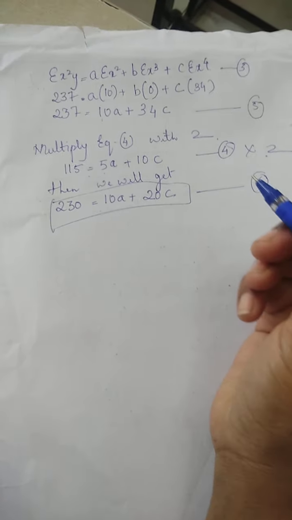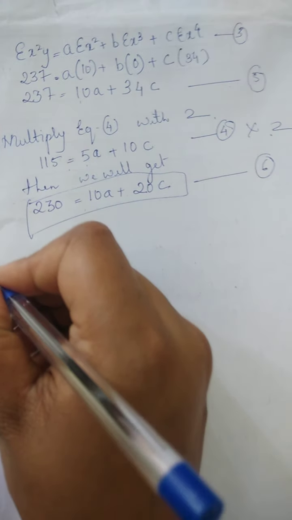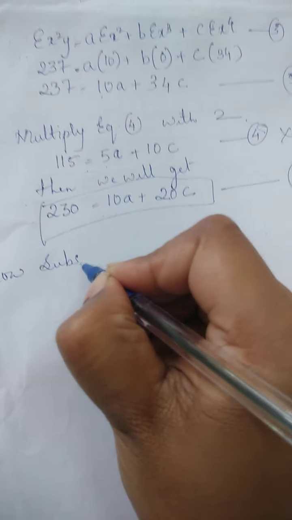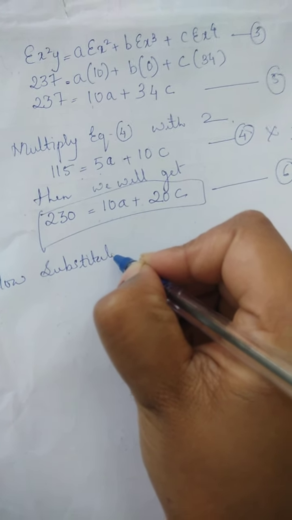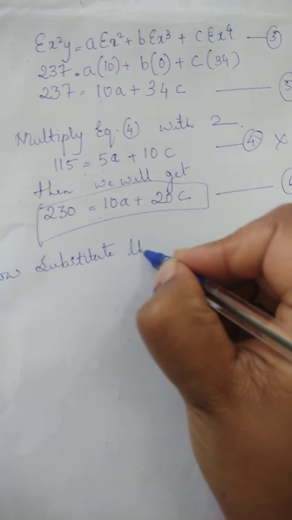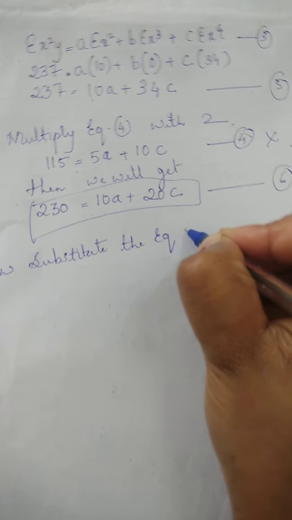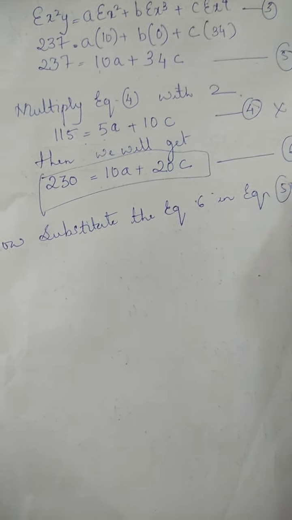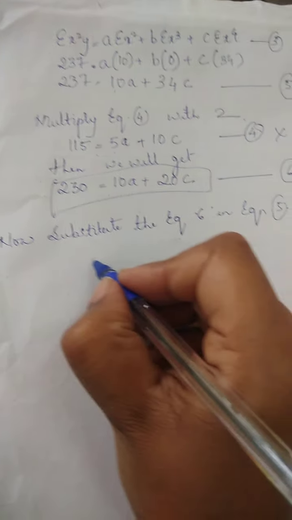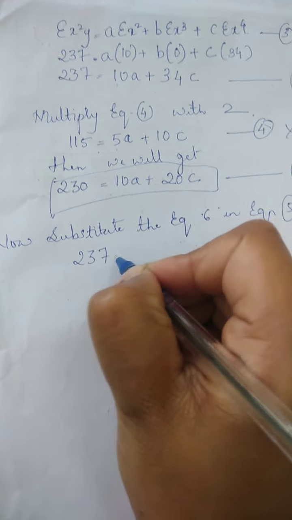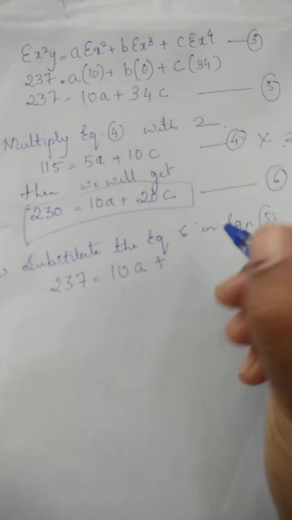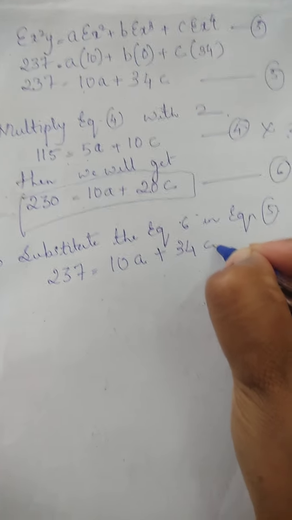Now equation number 6, you have to subtract, that is, subtract equation 6 from equation 5. Okay, now take equation 5. 237 is equal to 10a plus 34c.